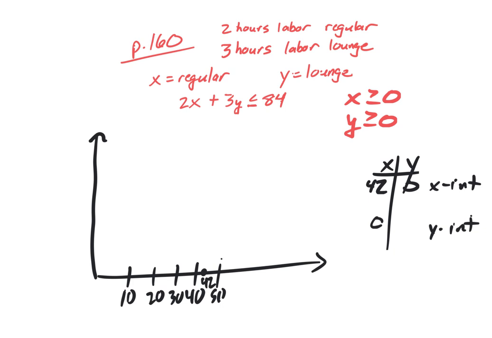Okay, for my y-intercept, I'm going to plug 0 in for x. 2 times 0 is 0. So I have 3y equals 84. 84 divided by 3 gives me what? What'd you get, Zach? 28.